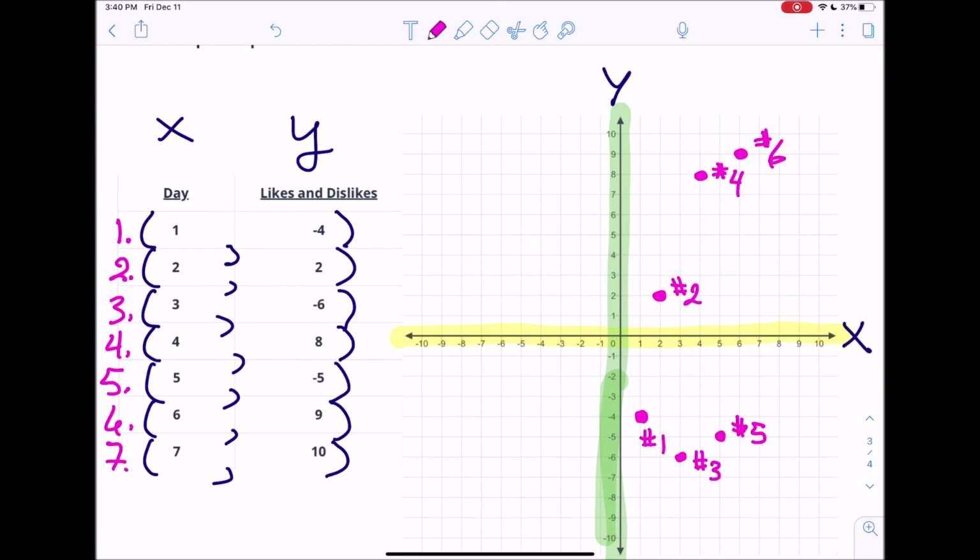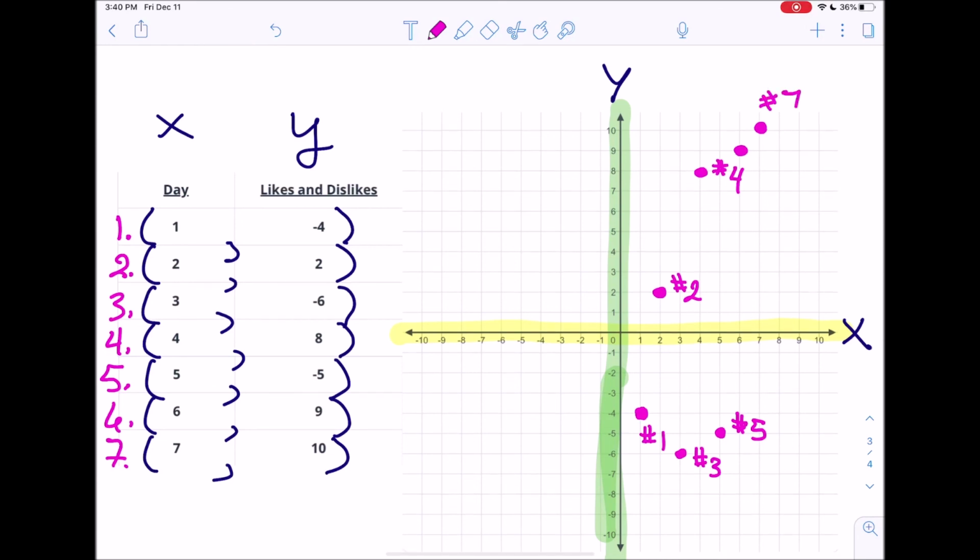And day 7 is 7 and 10. So it looks like I'm actually going to have to move that. So here is day 7. So this is number 7, and this one was number 6. Okay, so those are the points graphed.